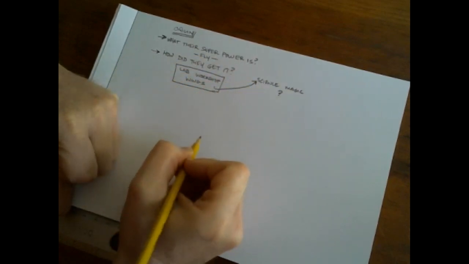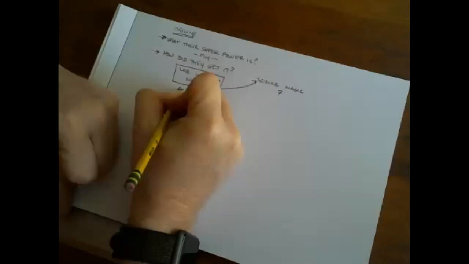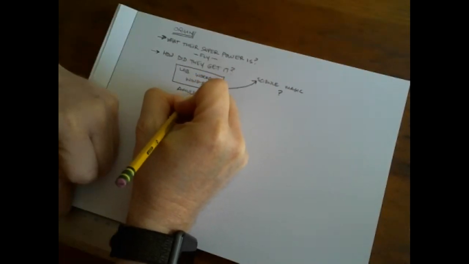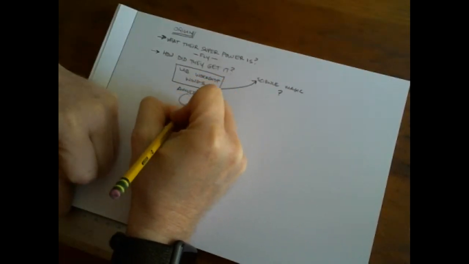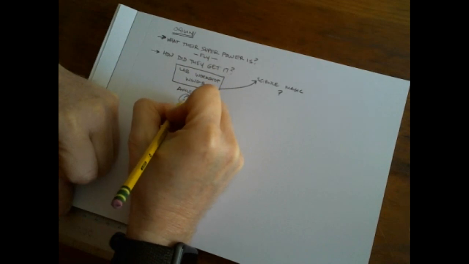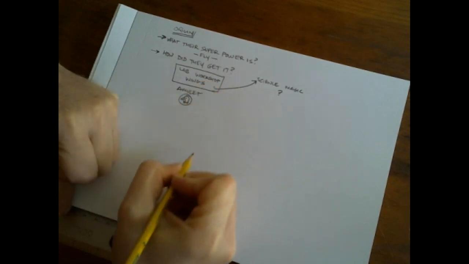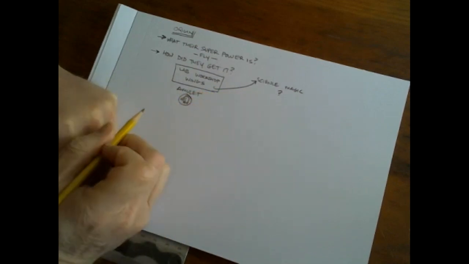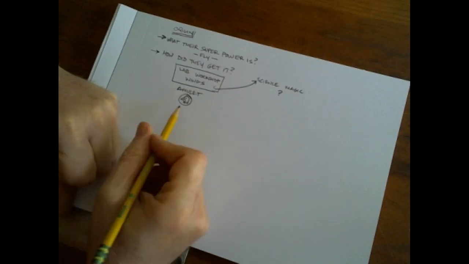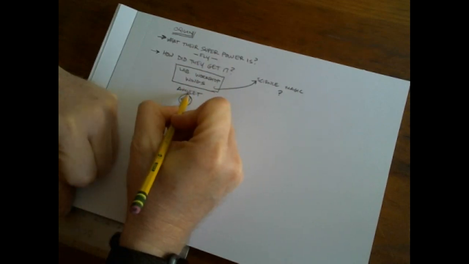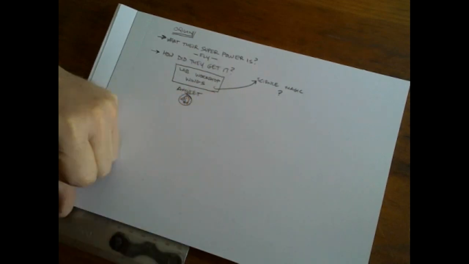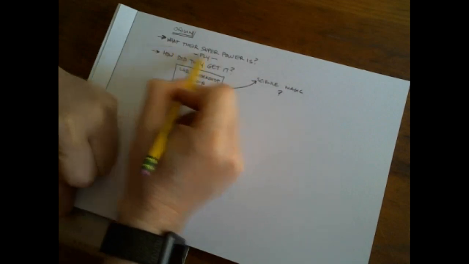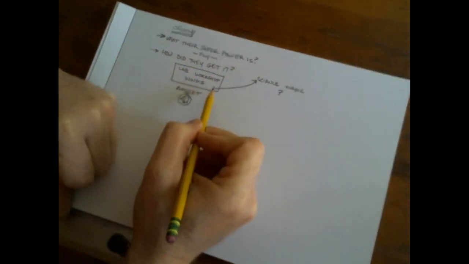Or maybe they found an amulet with a bird on it. And when they wear that, they can fly. They sprout wings and they can fly. Something like that. It's entirely up to you as to what their superpower is and how they get it.